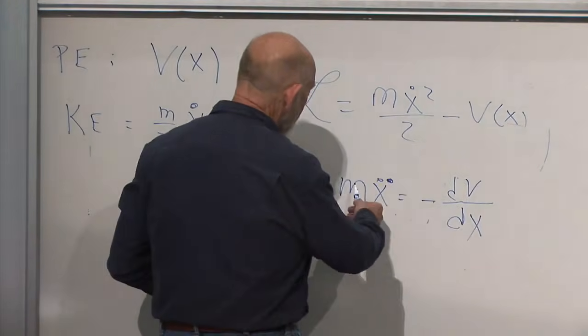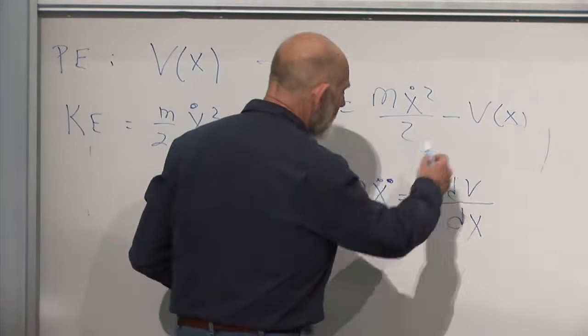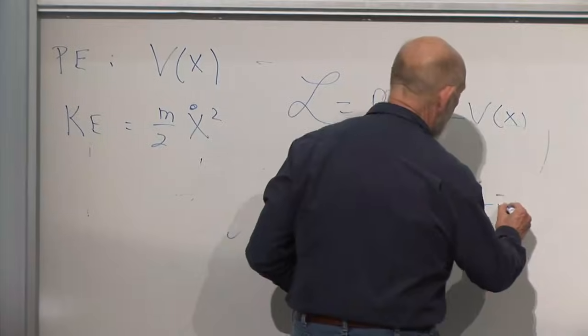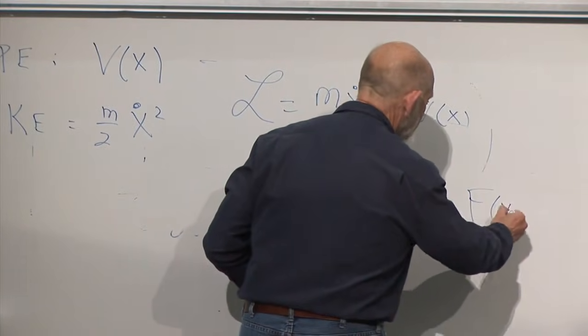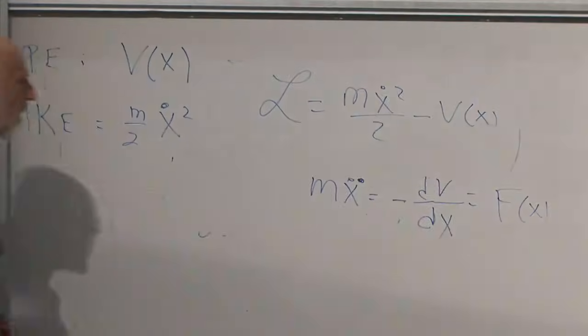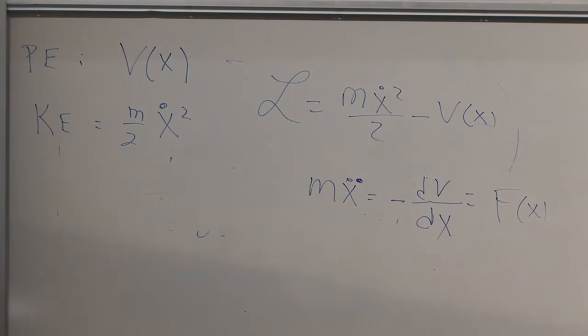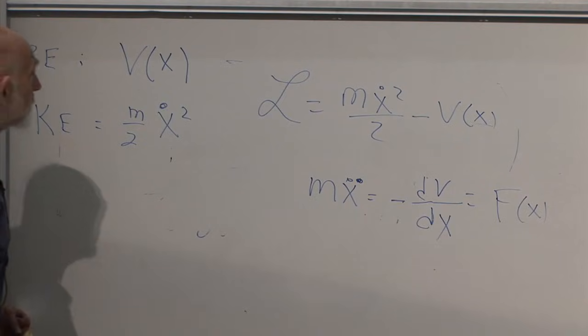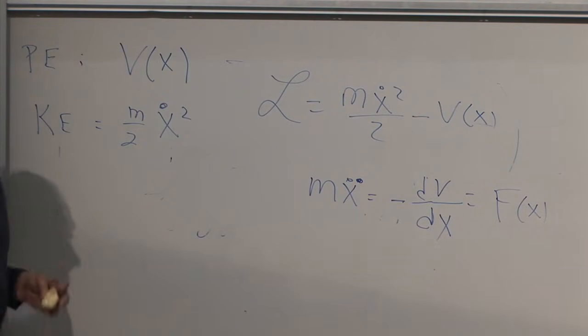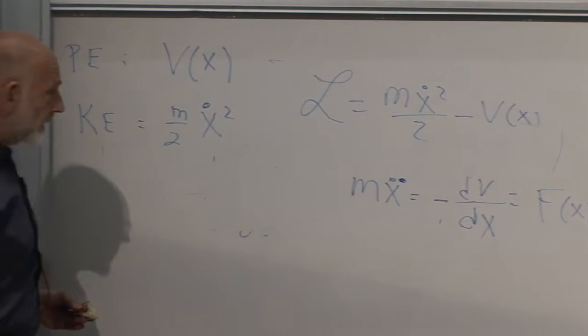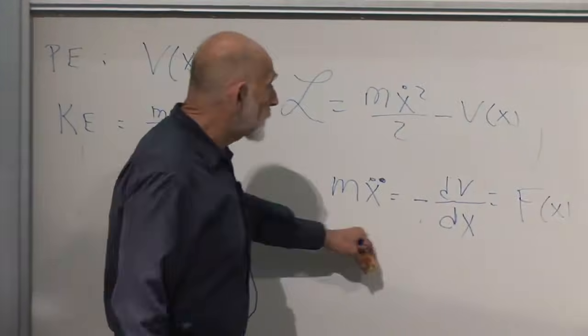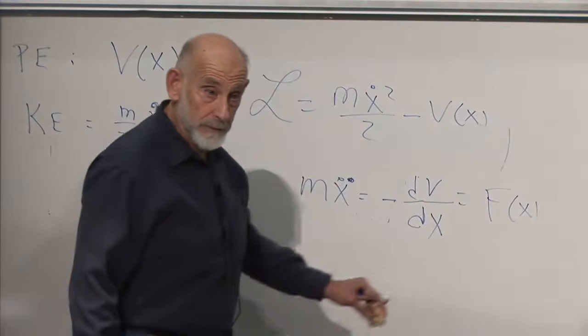One equation: mass times acceleration is equal to minus dV dx, which we called force. So at least in this one example, we have reduced the problem of making the action stationary to solving Newton's equations. They're equivalent.